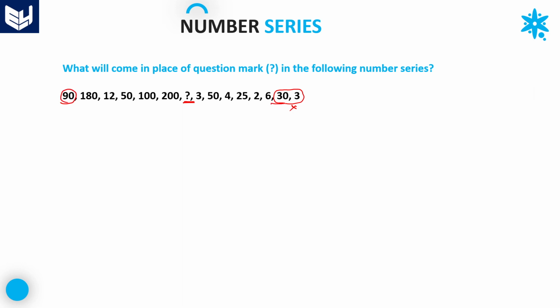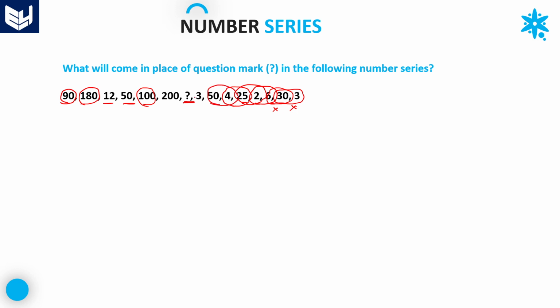Next 30 into 6, product of these two, gives 180. After that, 6 into 2 is 12. Next 2 into 25 is 50. After that 25 into 4 is 100.